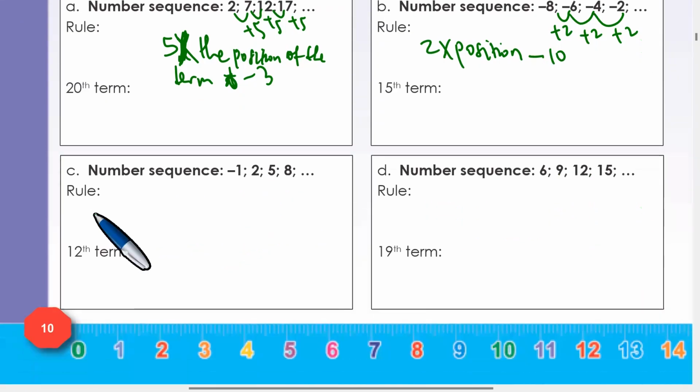Okay, let's come to this one. What is the rule in C? Is it adding 3? Okay, well done. Here we are adding 3. Since we're adding 3, you say 3 times the position.